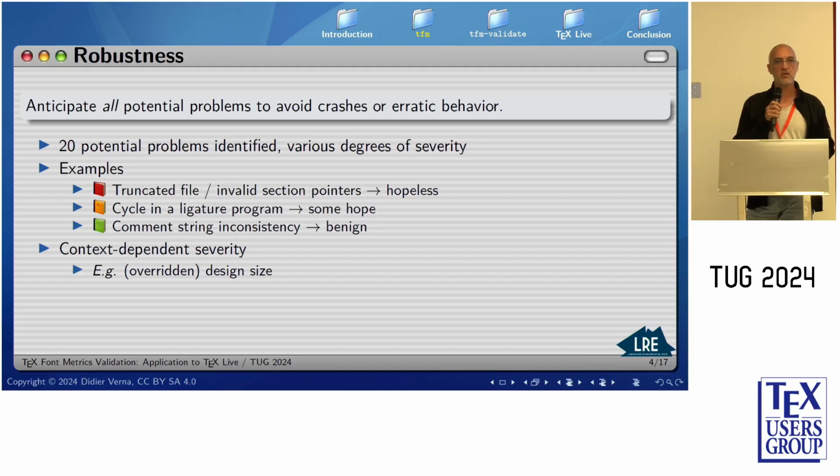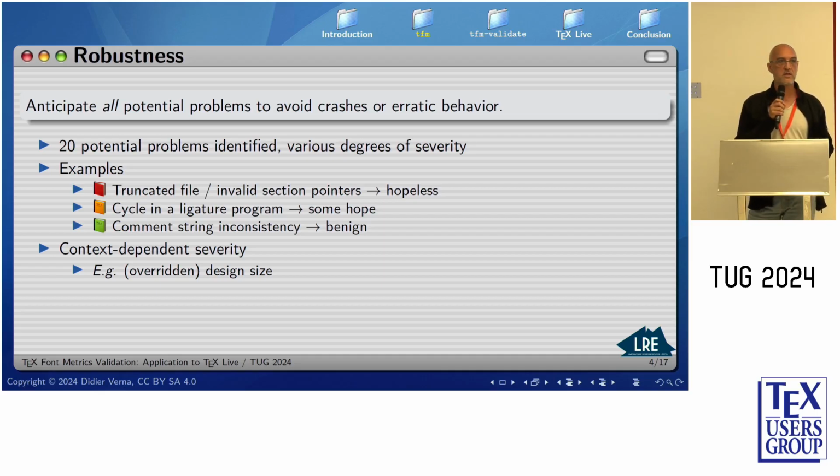There is a specification on it. It cannot be anything. It must be greater than 1, for instance. So if you parse a TFM file and you find a design size which is less than 1, that should be a warning or an error. So normally the font is not going to be functional because you cannot make any sense of the metrics, of the character metrics. Okay? The design size is important.